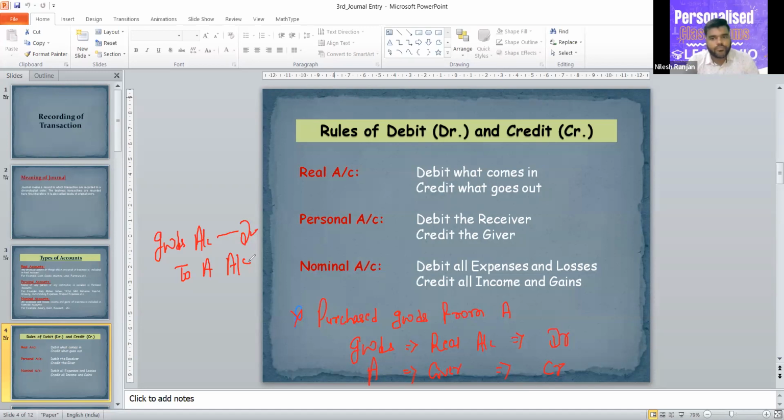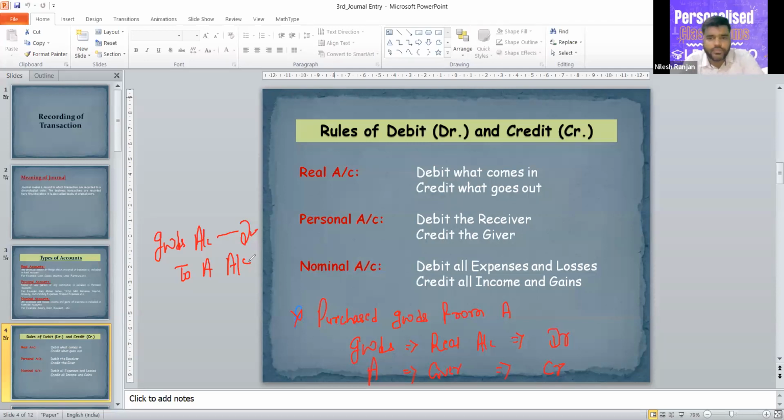We took money from A. The affected account is A. Debit and credit is a side, like left and right.